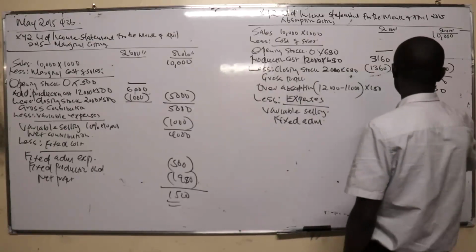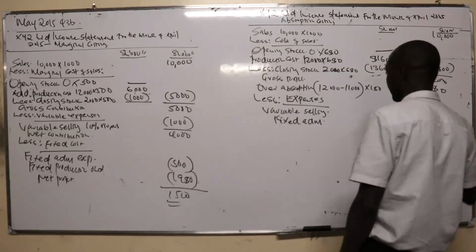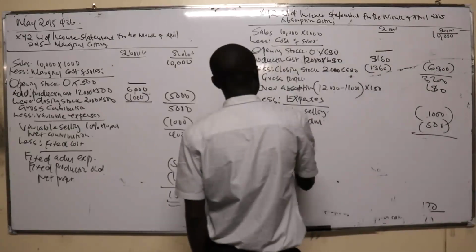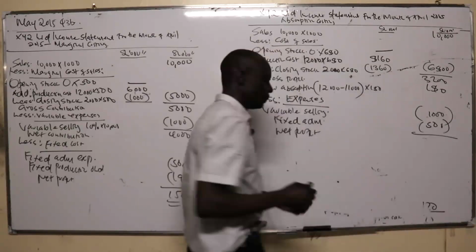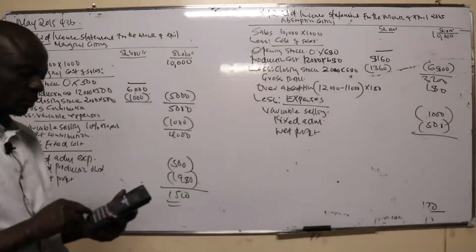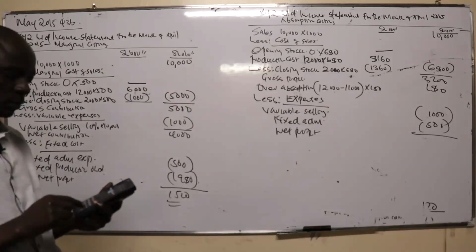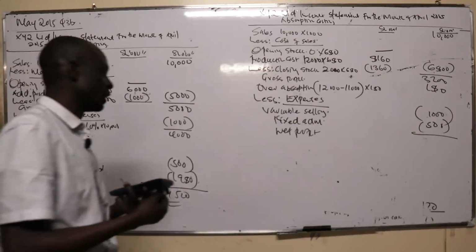These are the only expenses we had, and then you get the net profit here. It is 1880.